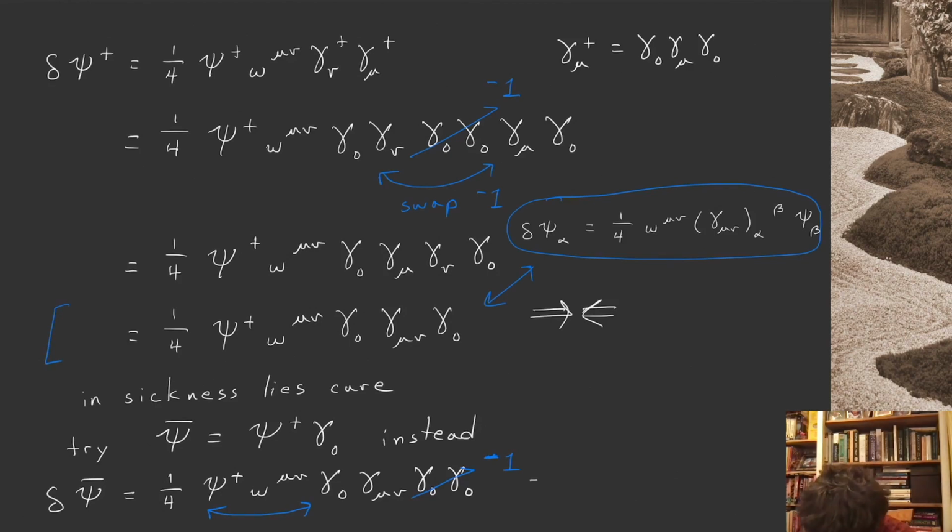I find that the infinitesimal Lorentz boost I can write a little bit more compactly as -1/4 psi bar omega mu nu gamma mu nu. And now this will work. While this won't cancel, because I have the wrong notion of the Hermitian conjugate, these two will cancel, and I will see that this combination psi bar psi is a Lorentz scalar. So let's see how that works.